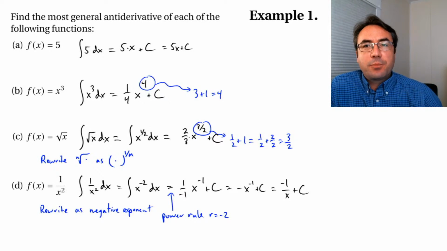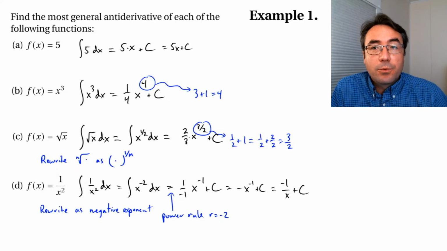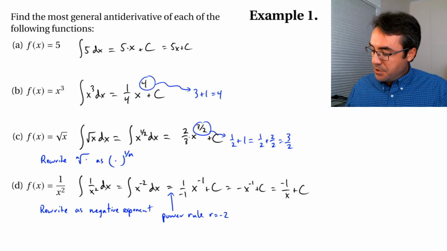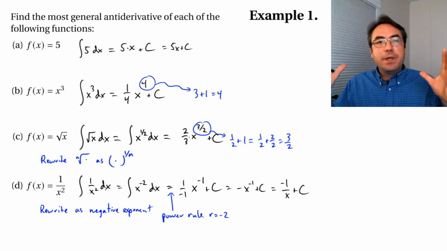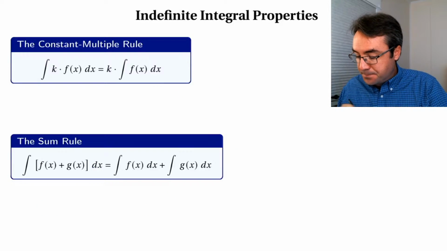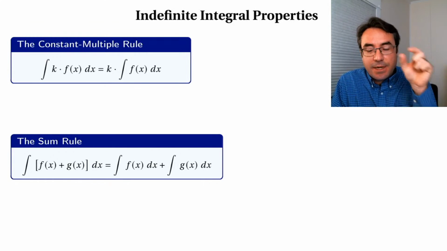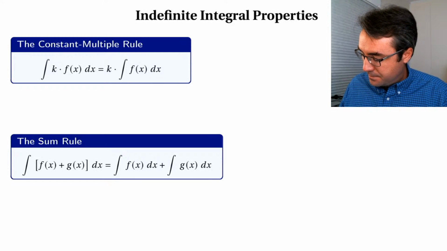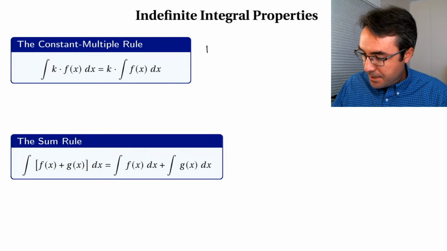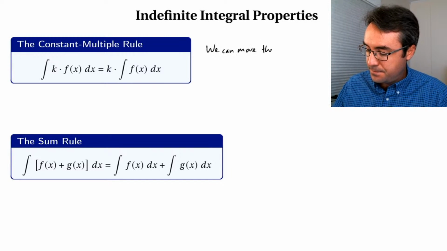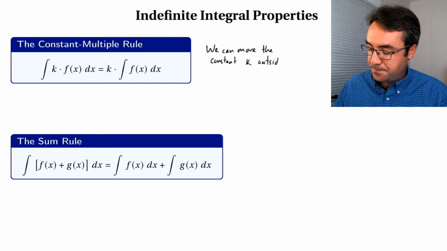All right, so just a little bit of practice there using our power rule. Now we have some additional rules that kind of expand what we can do the antiderivative of. So first we have a constant multiple rule. So this tells us what happens when we have a variable times a constant. And what we can do is, we can move the constant k outside the integral sign.